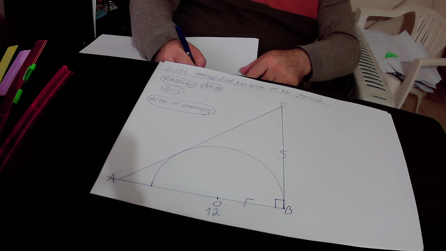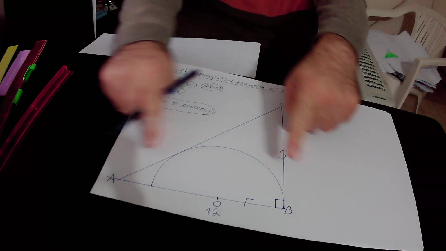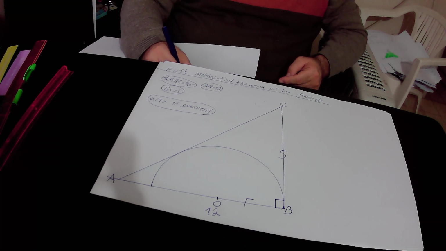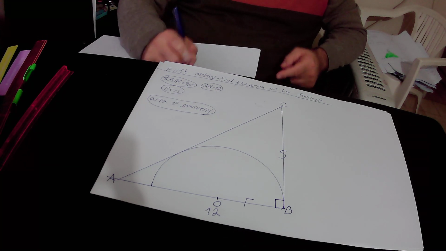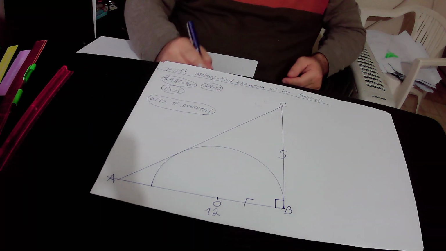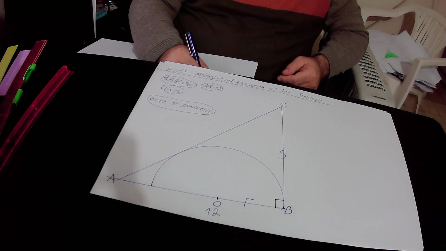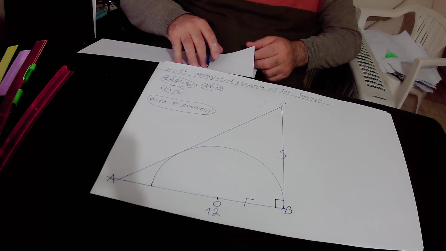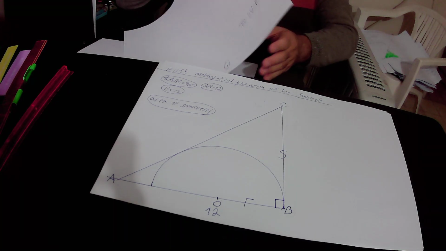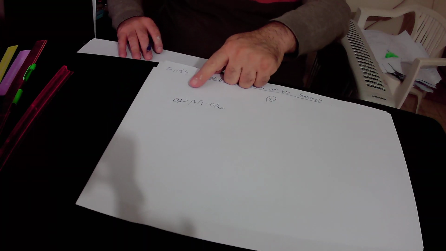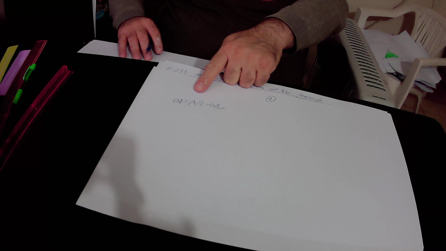AB minus OB equals AO or OA. Okay? I repeat again. OA equals AB minus OB.